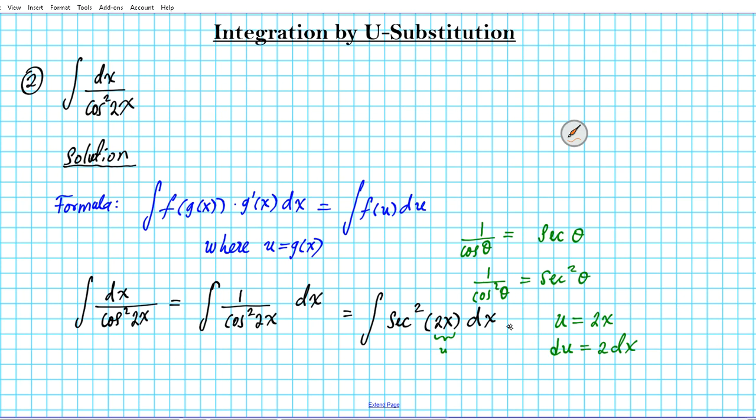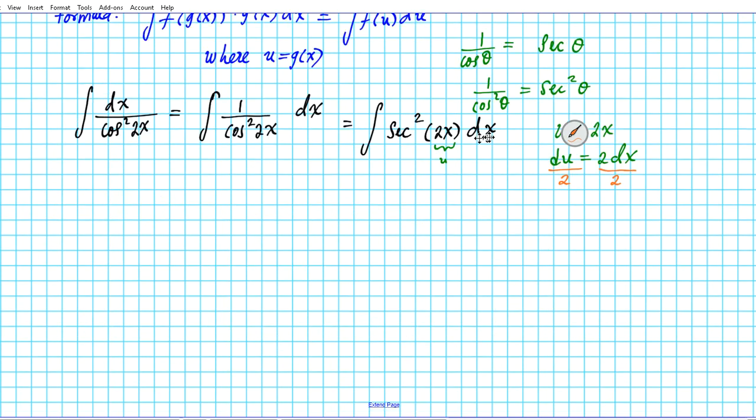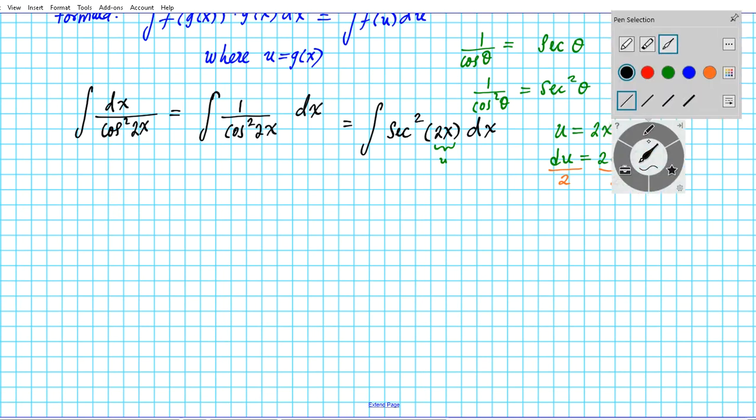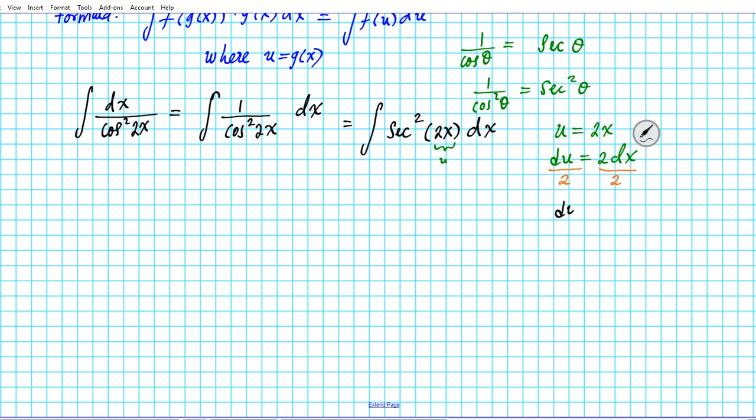So we need to have an identical match on the right side of our equation in order to carry out the substitution. To rectify the difference, we simply divide both sides by 2, since we cannot have anything attached to dx in order for it to match. So when we divide both sides by 2, we have du over 2. Let's change colors.